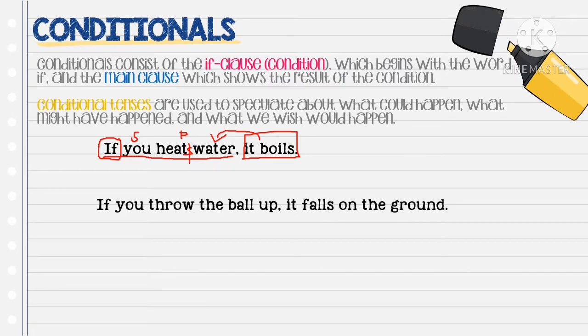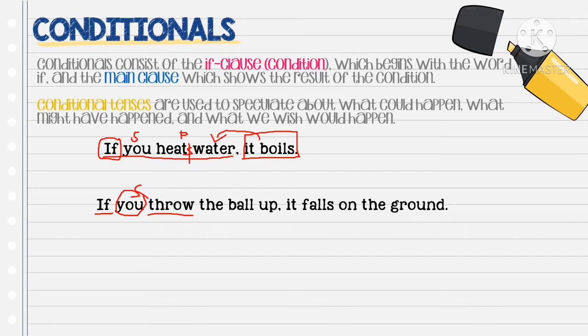Next, if you throw the ball up, it falls on the ground. This is another conditional sentence because it starts with the word if. And then the subject you, again, you is a singular subject, however, it takes a plural verb.